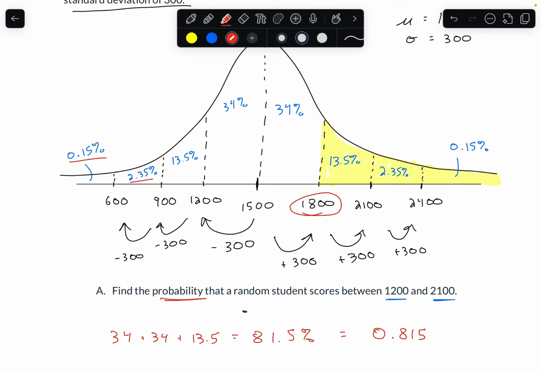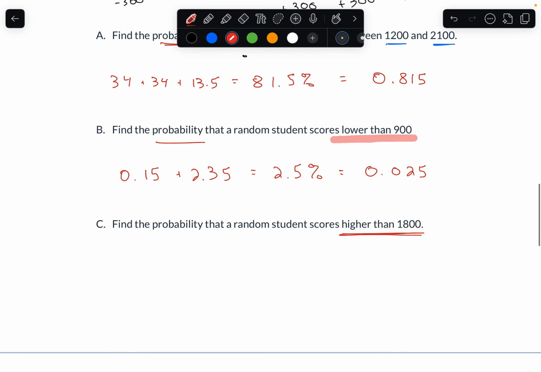So I'm going to take 13.5 plus 2.35 plus 0.15. So to finish this problem up, 13.5 plus 2.35 plus 0.15.